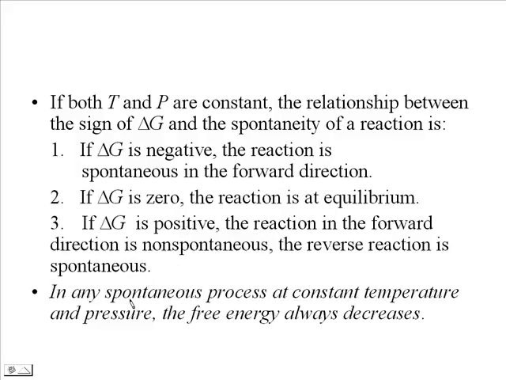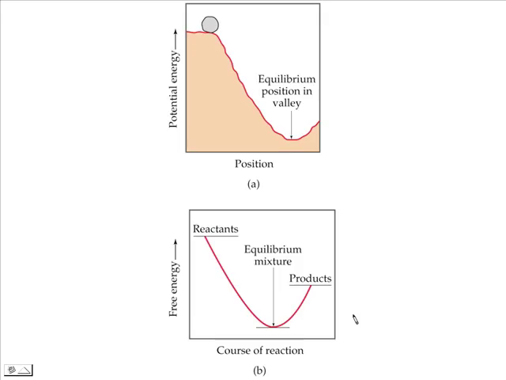In any spontaneous process, the free energy must decrease, which gives you a negative delta G. If delta G were equal to 0, you'd be right at equilibrium. Notice the free energy as you go from reactants to products: in a spontaneous case, the products have a lower free energy than the reactants do. So overall, the reaction would have a negative delta G.